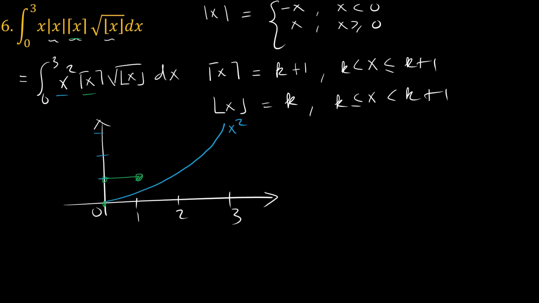Then between 1 and 2 we have 2, and from 2 to 3 we have 3. So this is the ceiling of x.